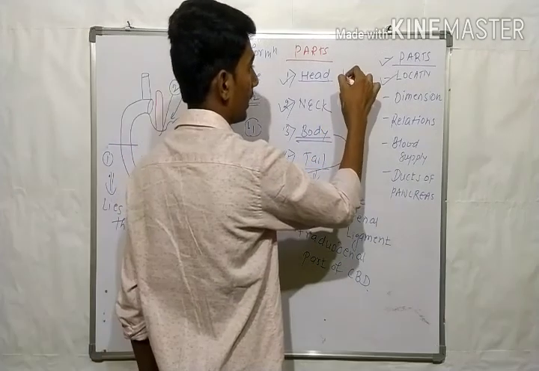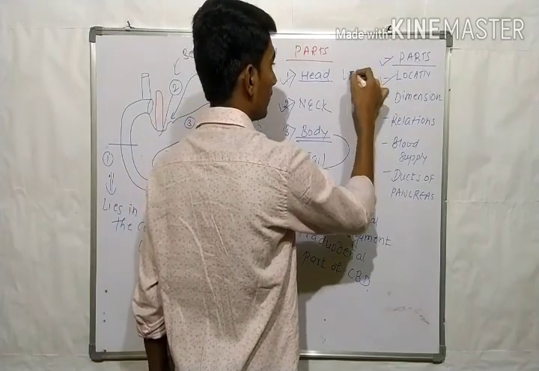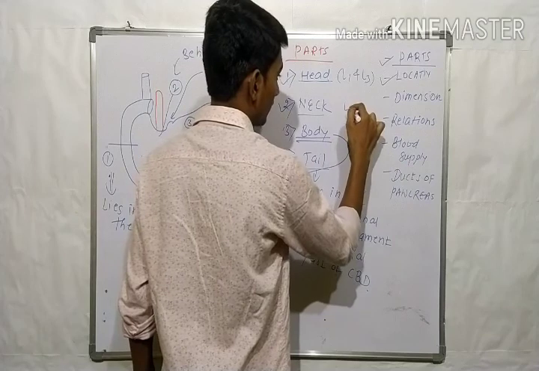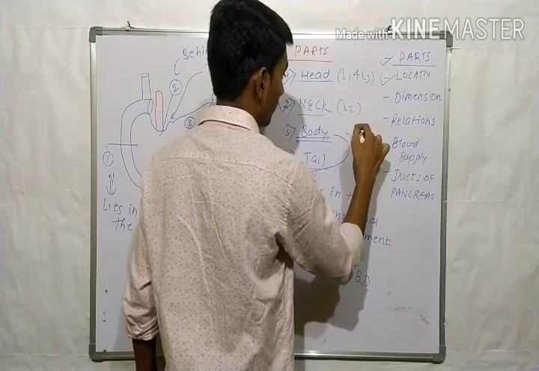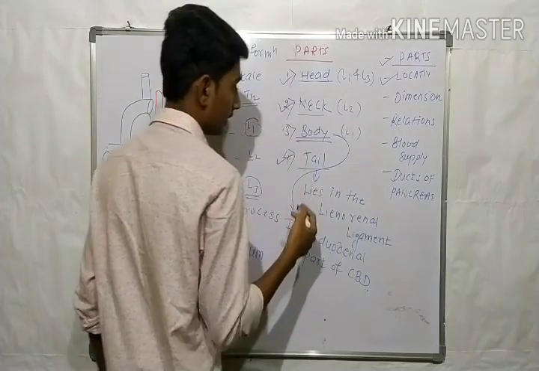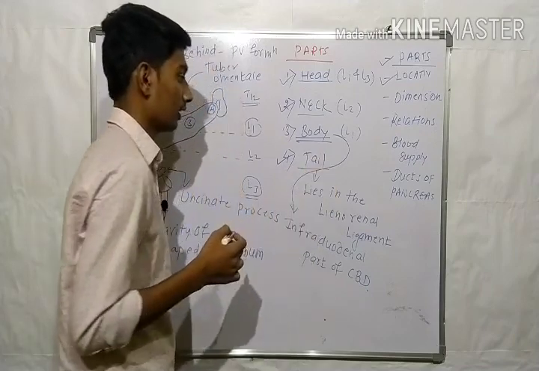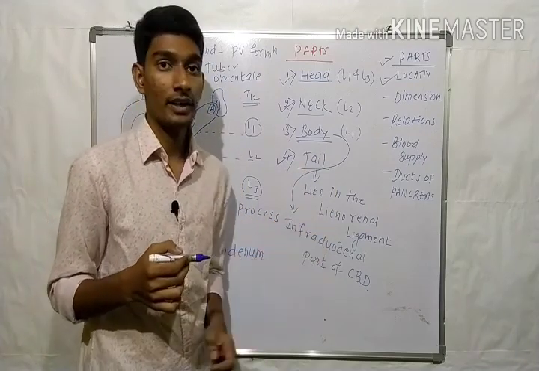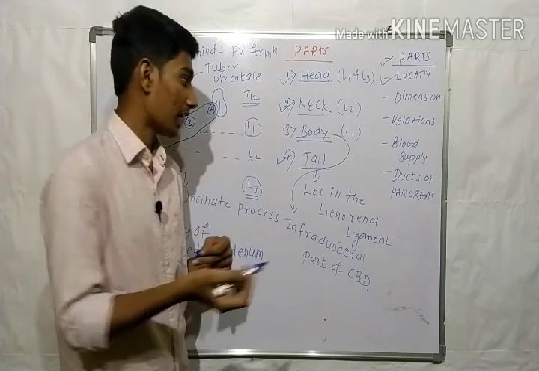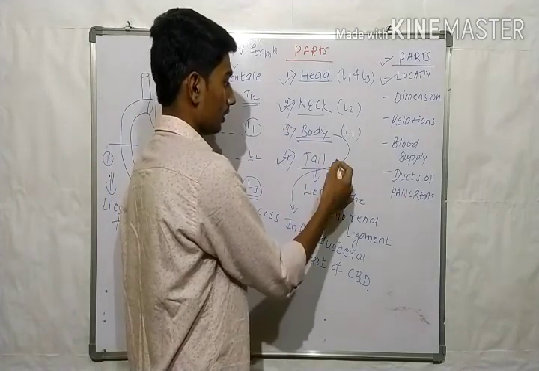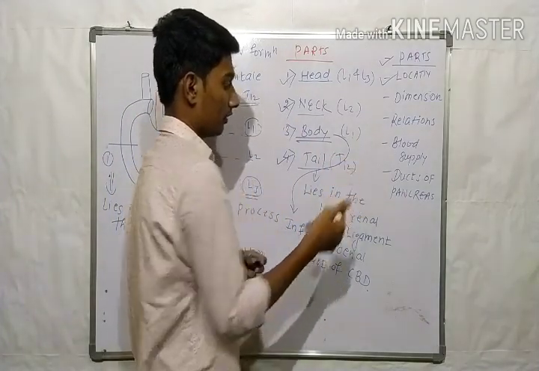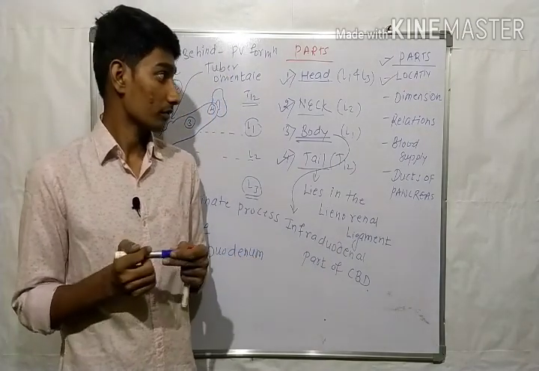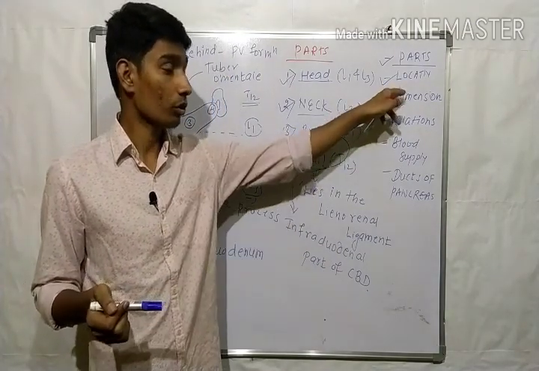So the neck lies at the level of L2, body at the level of L1, that is transpyloric plane, and tail lies in the lieno-renal ligament at the level of T12. Now this is regarding location.